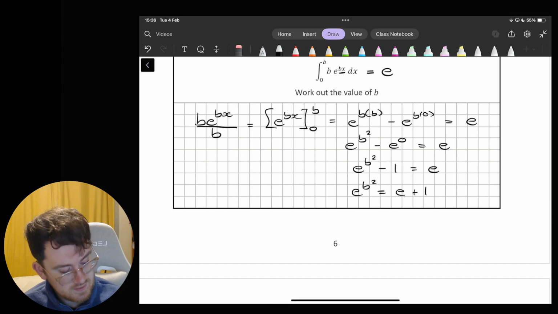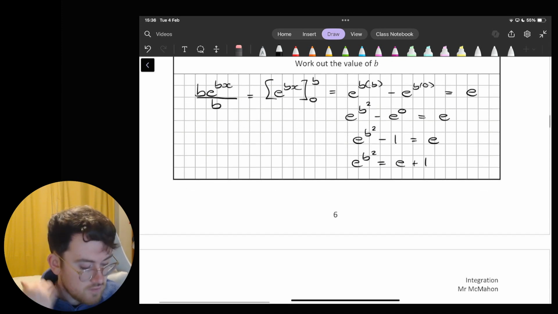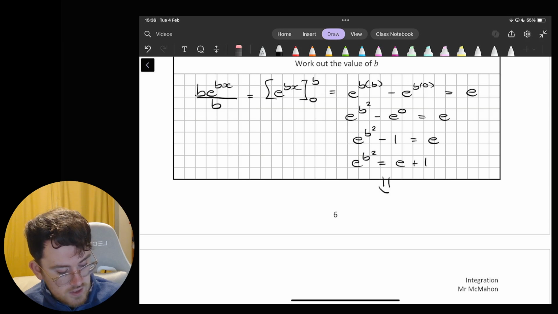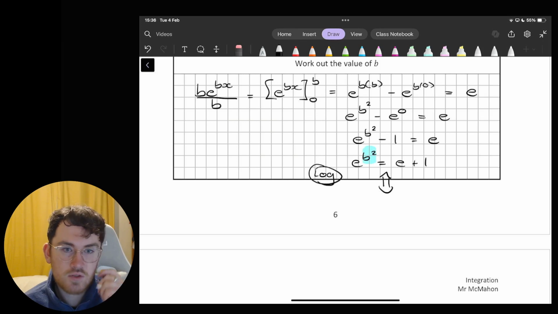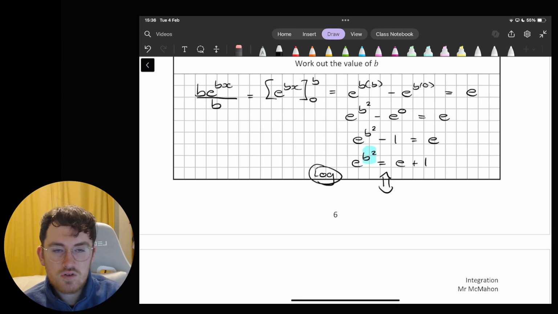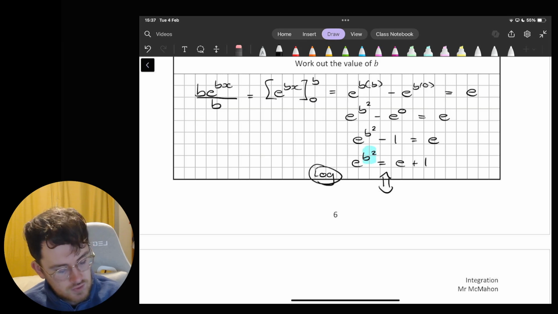Okay, and we can take it that bit further. Now I might look at converting this to log format. The reason I'm thinking this is because the term that I want is in the power here, the b squared. I want to work out the value of b, so in order to get that onto a level where I can actually work with it and solve for it, I'm going to have to convert to log format.